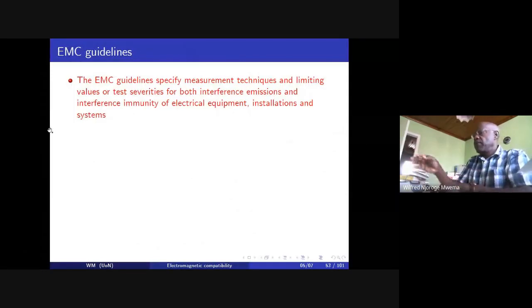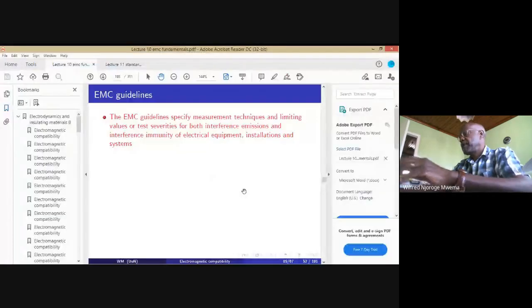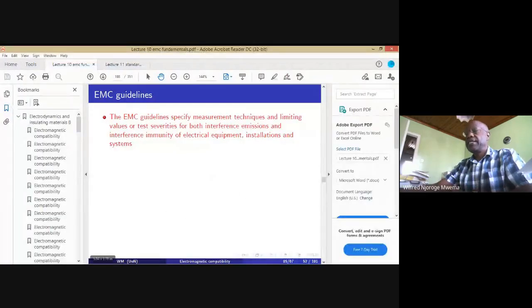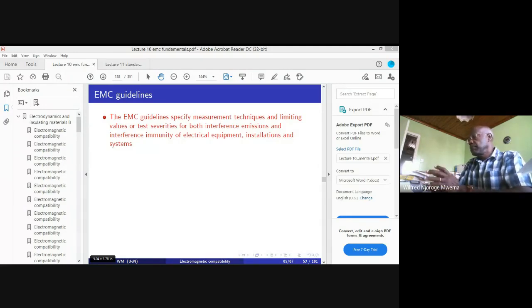So we now look at what we call EMC guidelines, and now I'll stop here for some minutes and let you have a breather or ask any questions that you might have for now. In case there are no questions, then take a 5-minute break.